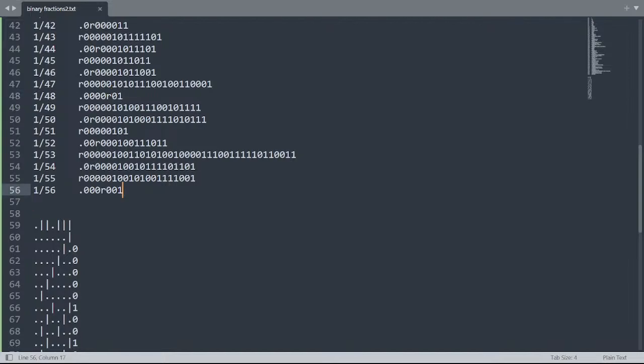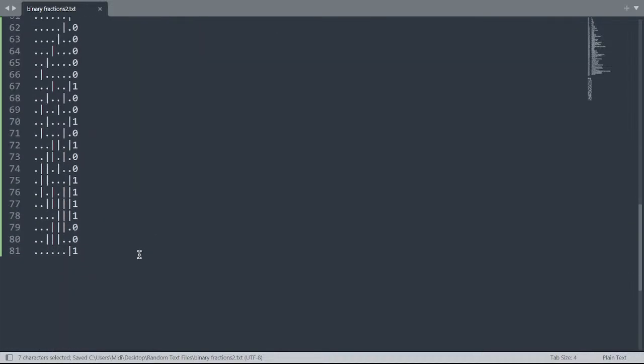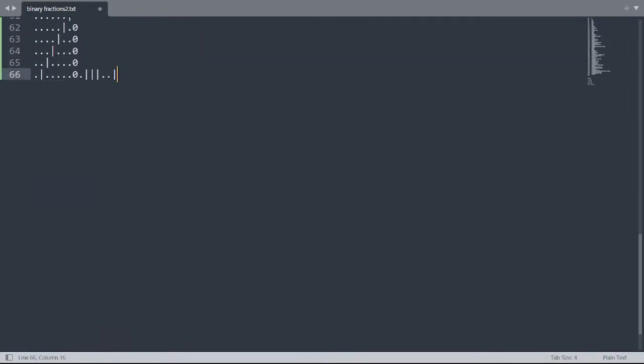So anyway, what were we doing? We were doing 57. 57th. We flip our 2 bits. We put all ones, and we get rid of these ones, because those ones are different from ones because they're 0.